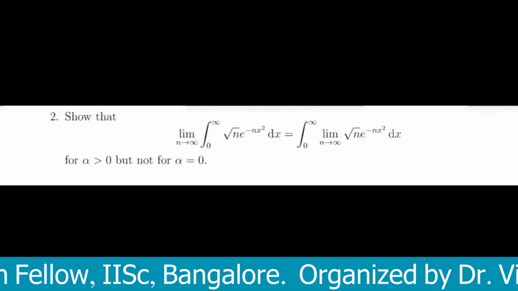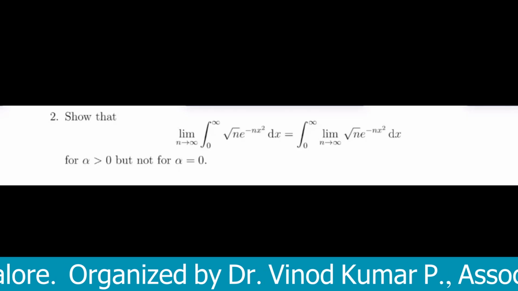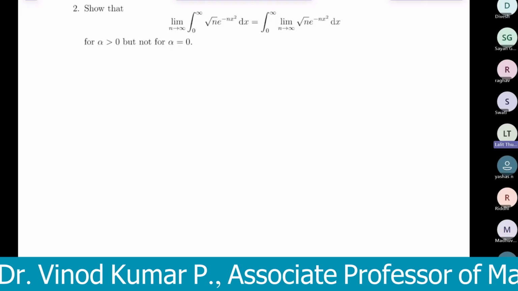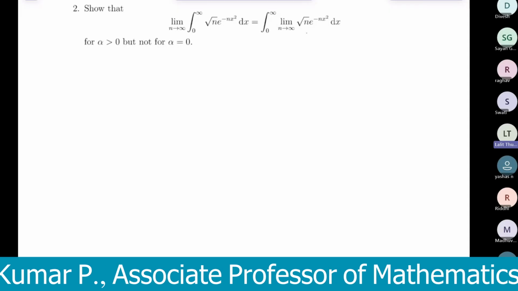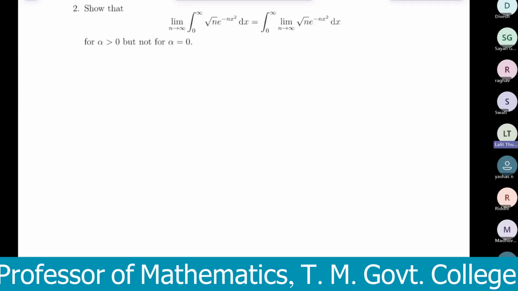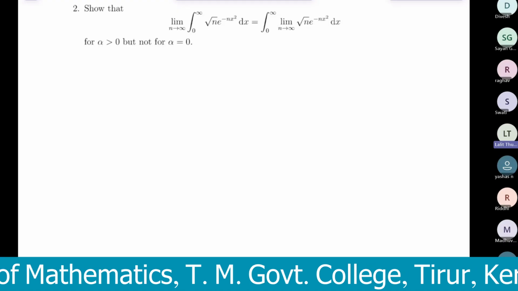So, you all have tried the problems. I have already sent the problems in the group. I have taken selected problems from the CMI, okay. These are problems from the ISI 2019 exam. So, let's start.